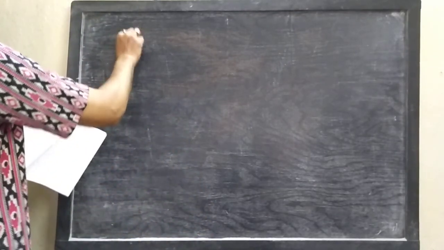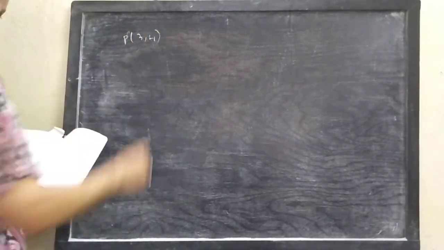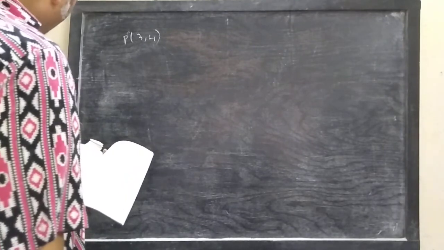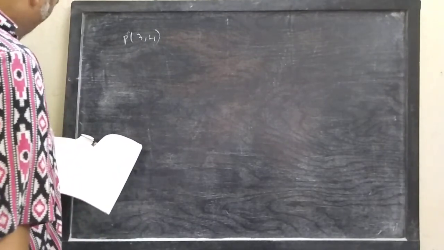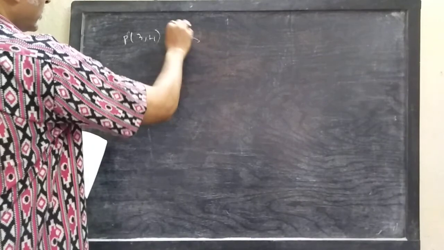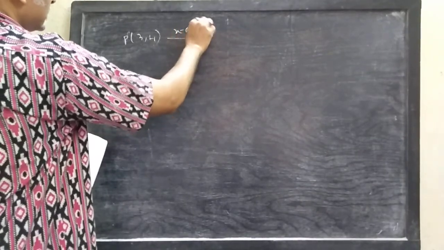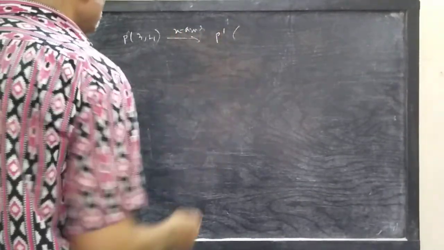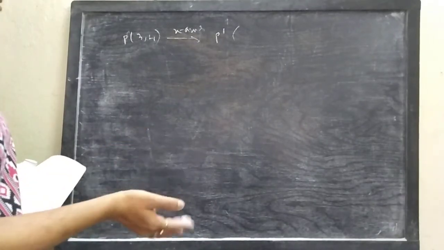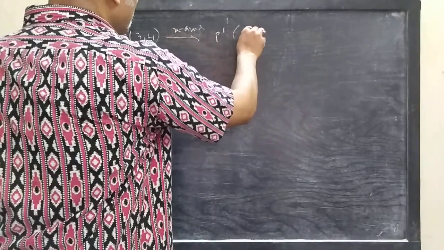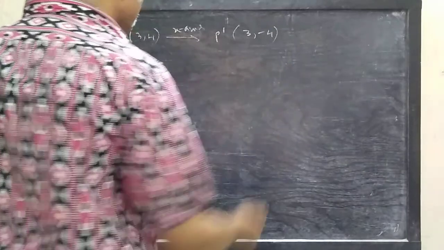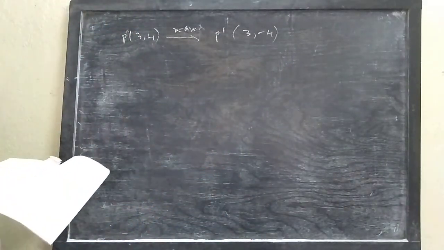Initial point P is (3, 4), reflected to P' after reflection in the x-axis. In the x-axis reflection, the abscissa remains fixed and the ordinate changes, so (3, 4) will go to (3, -4).